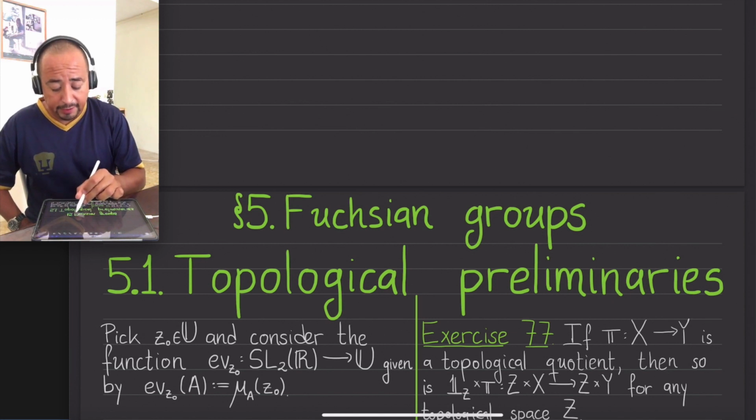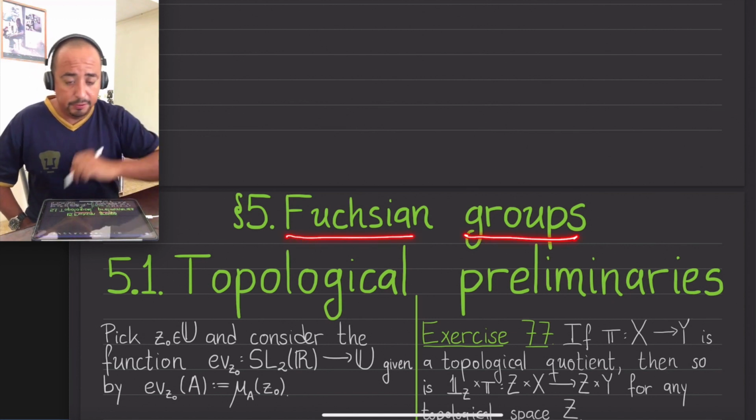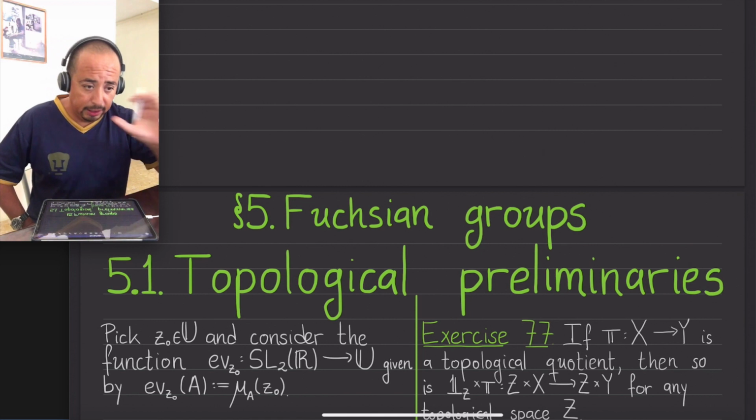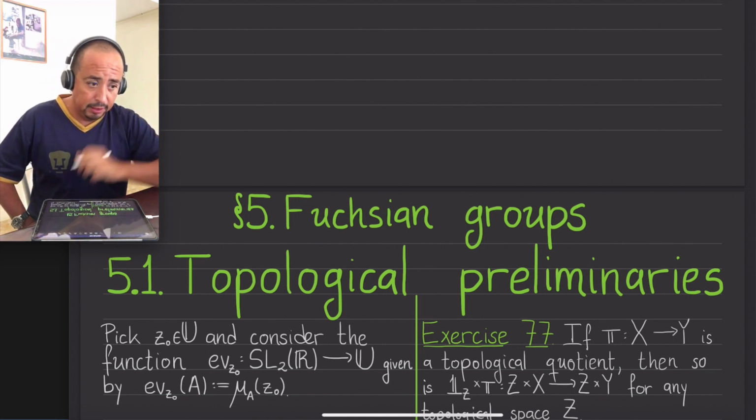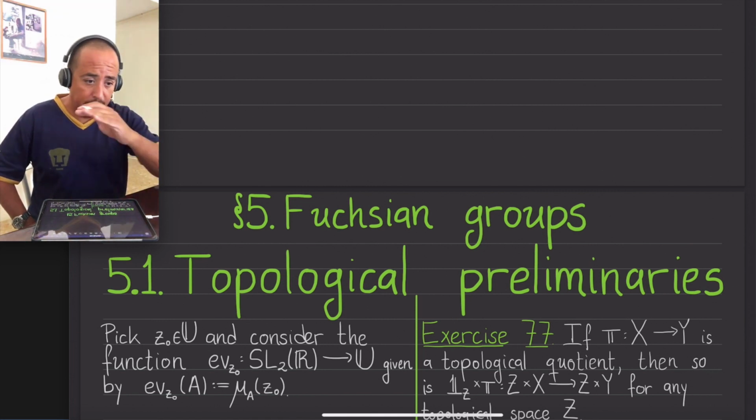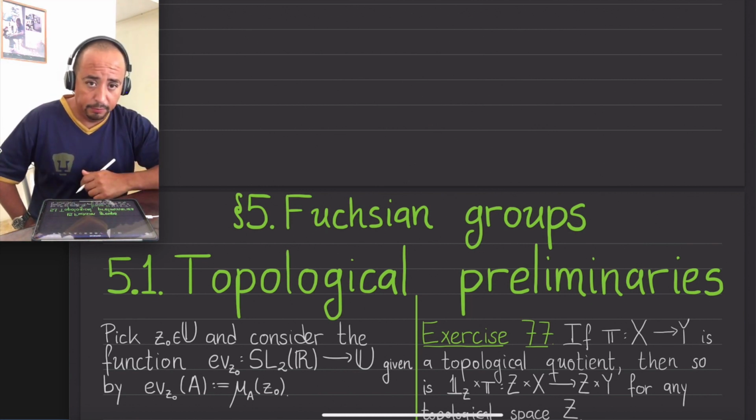Somehow it's precisely the Fuchsian groups that allow us to obtain these nice structures on the orbit spaces and on the projection from the hyperbolic plane to the orbit space.